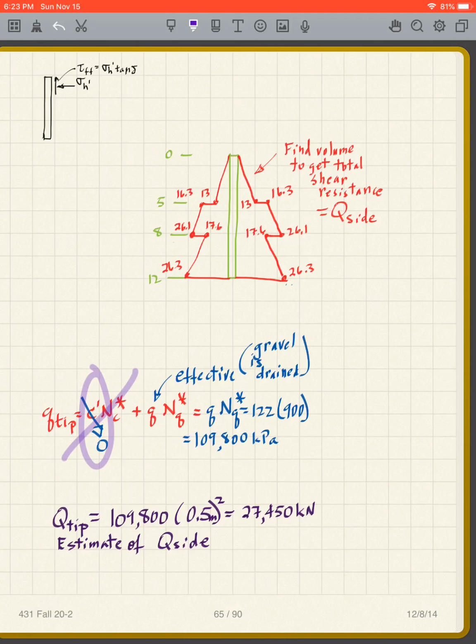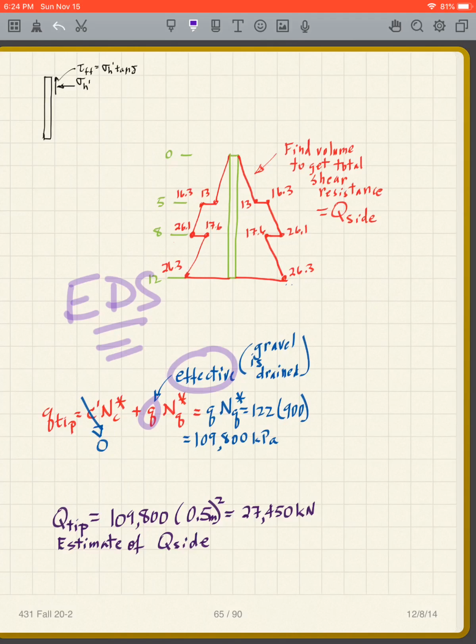And as we said, the Q is effective. Why? Because we are in the gravel, we're EDS, effective drain slow. So we are looking at the effective stress at the pile depth. Interestingly enough, we've already calculated that Q, that 122.